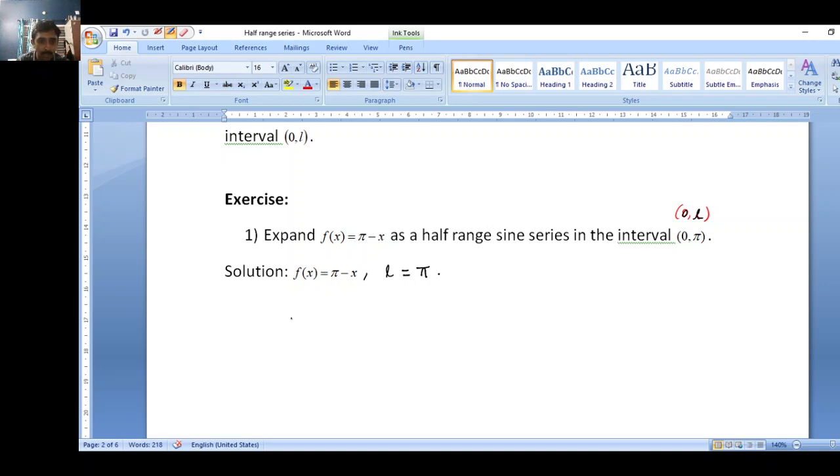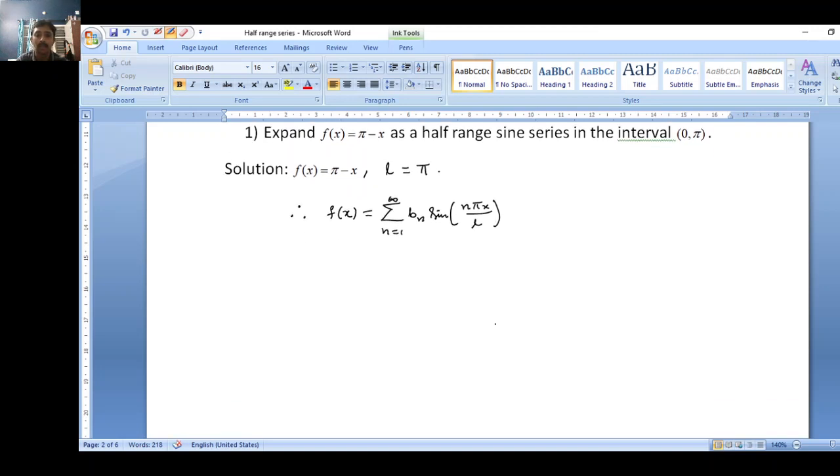So because L is pi and we are told to find the half range sine series expansion, as I have written earlier, f of x is supposed to be summation n equals 1 to infinity. Remember, if it is the sine series, we'll have only bn. So f of x equals summation bn sine n pi x by L, where here we are supposed to know what bn is.